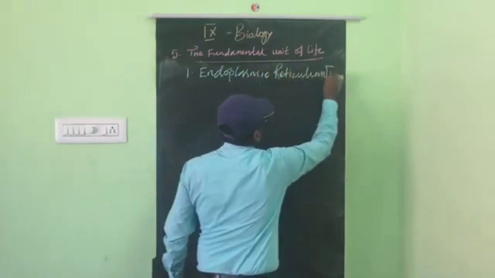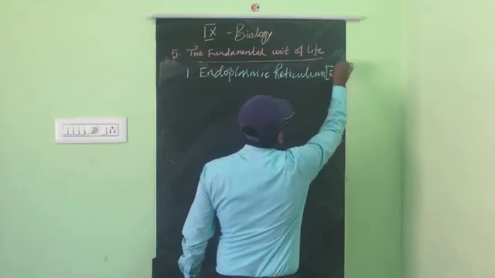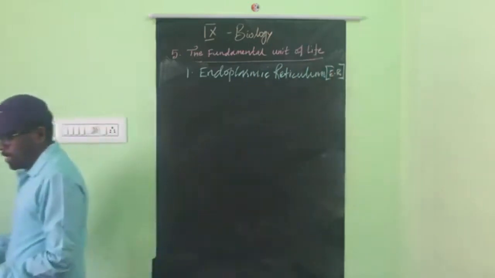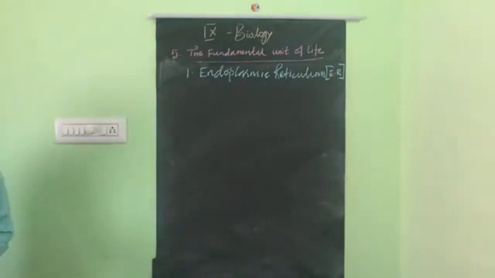It is shortly called ER. So the endoplasmic reticulum, shortly called ER, is one of the cell organelles. What is the endoplasmic reticulum?